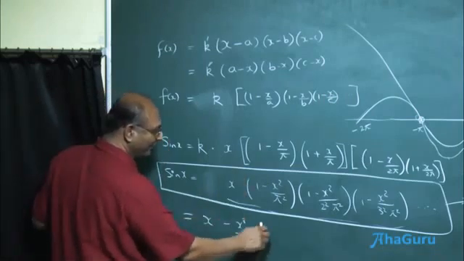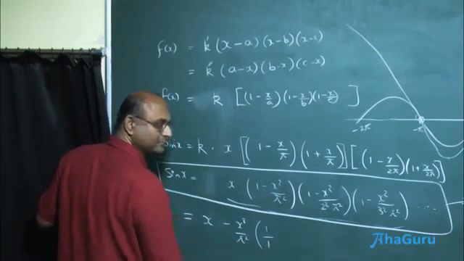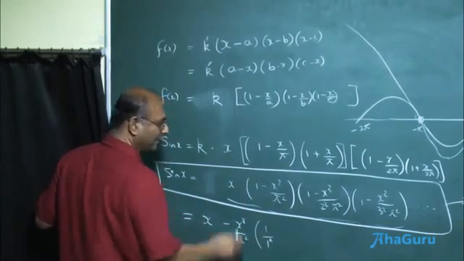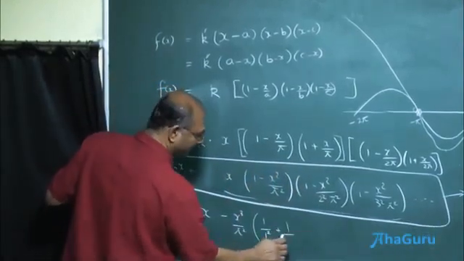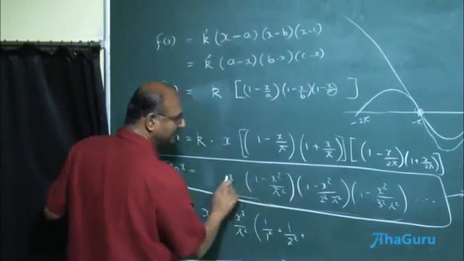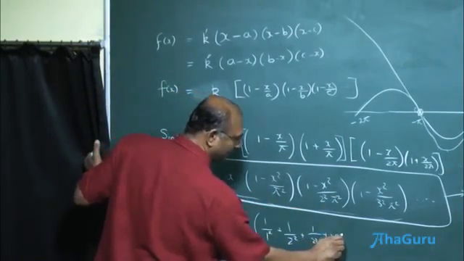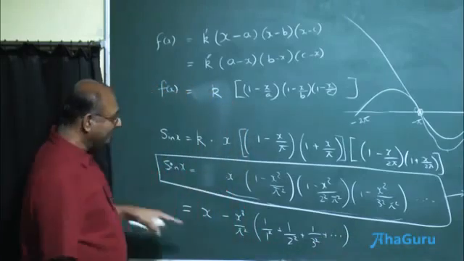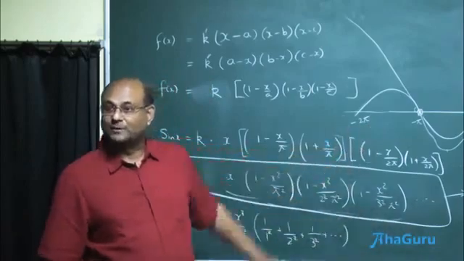Okay, so look at what we are going to get. When I multiply these two, I get 1 by 1 square. When I multiply this and this, 1 by 2 square. When I multiply this and that, 1 by 3 square. So this is going to be the same as that fellow's x cube term.